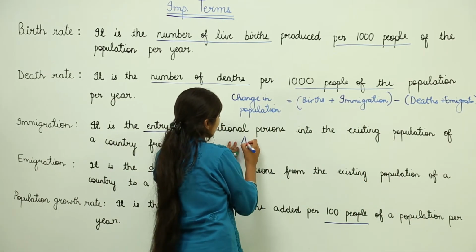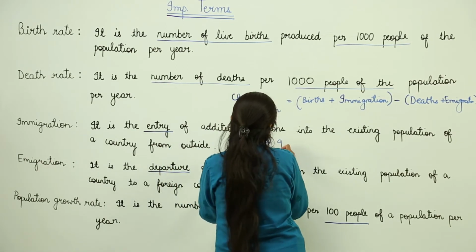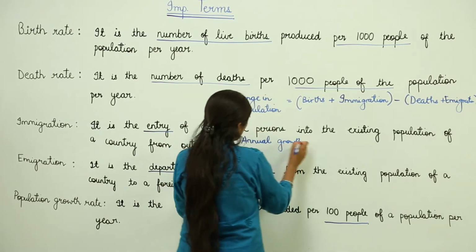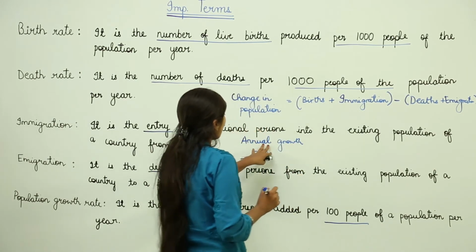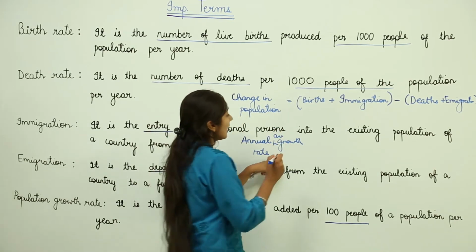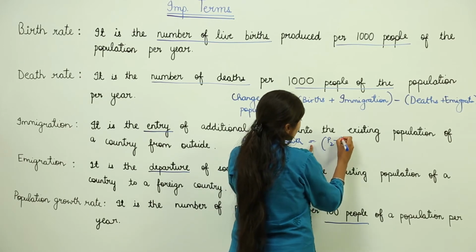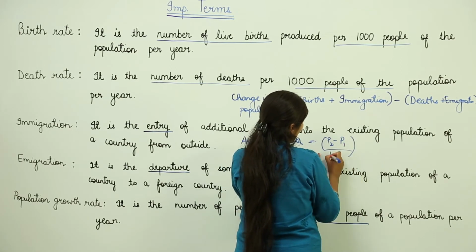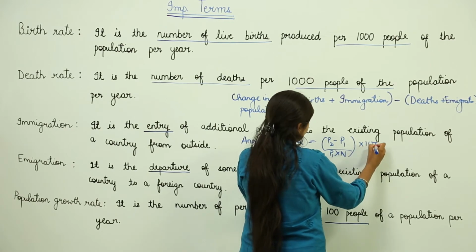Here we also have a formula to find out the annual growth rate. How can we find out the annual average growth rate? It can be found out by a formula, that is (P2 minus P1) upon P1 into N into 100.